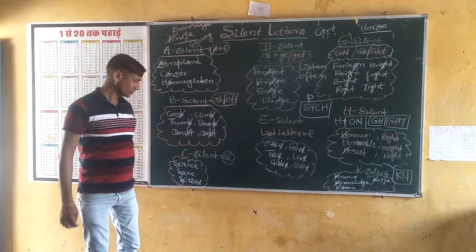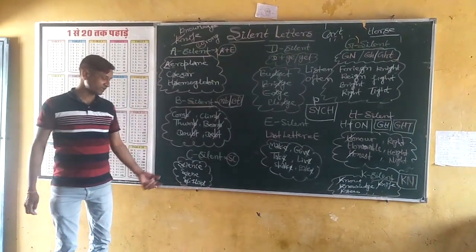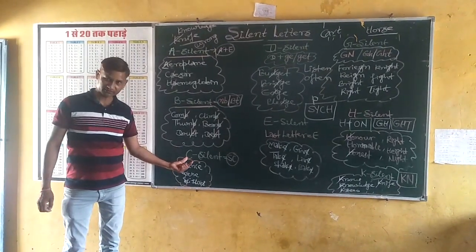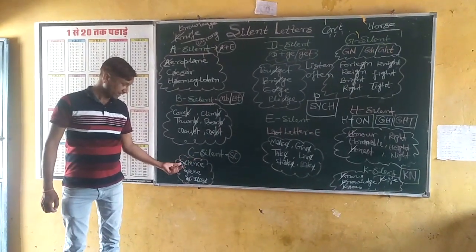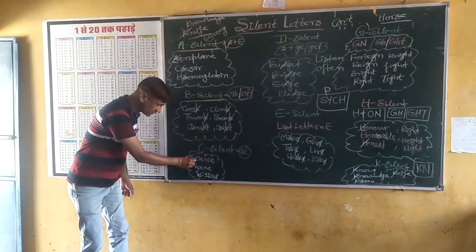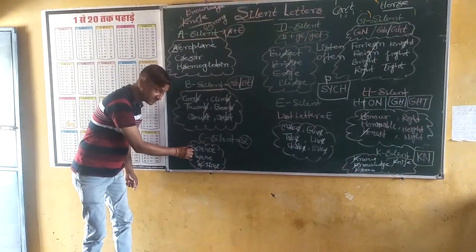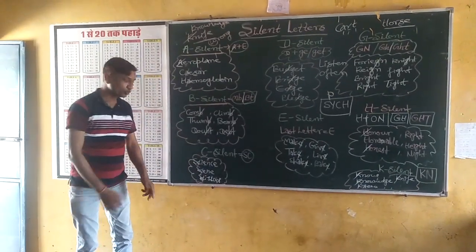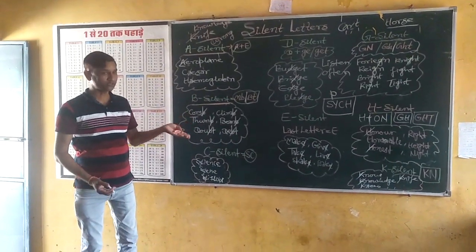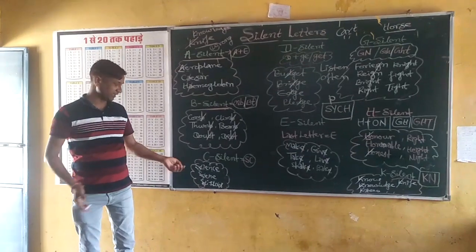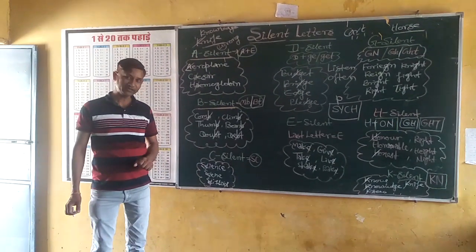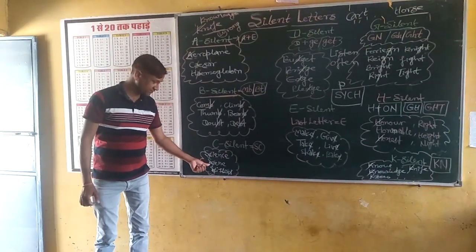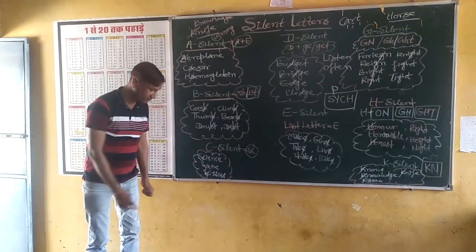The next silent letter is C silent. As in SCIENCE. S is before C, or you may say C is after S, then letter C will be silent. In the next example, SCENE.